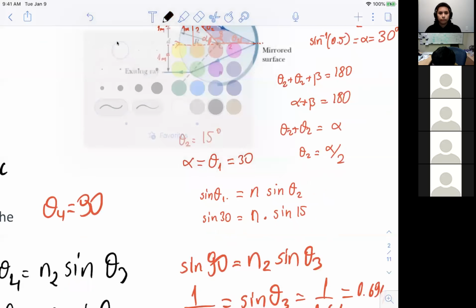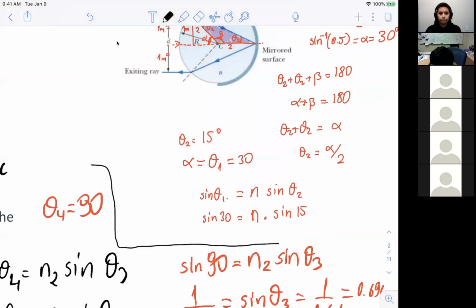I need to draw this line. Okay, then n will be sine 30 divided by sine 15. So on the calculator, let me just find this.